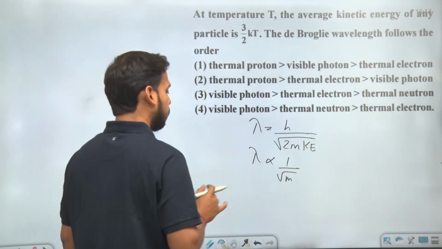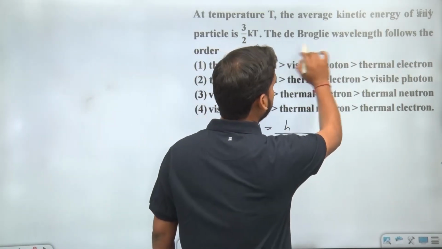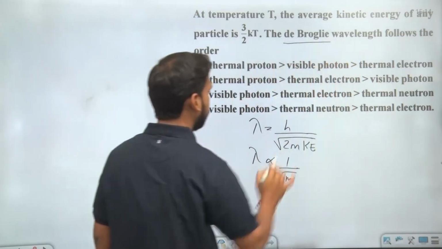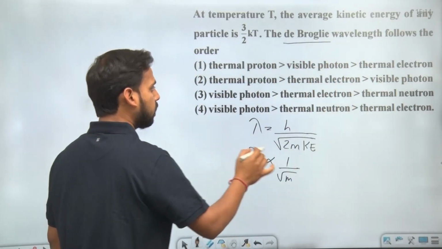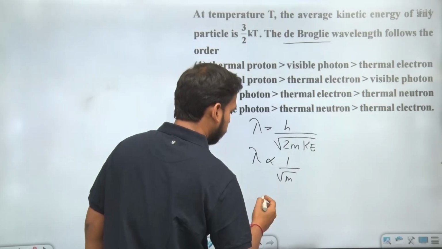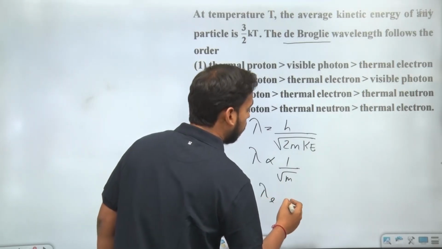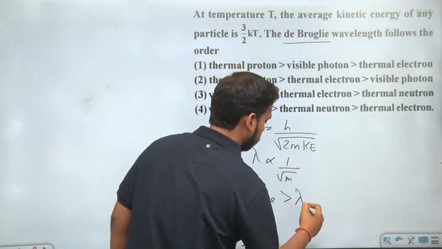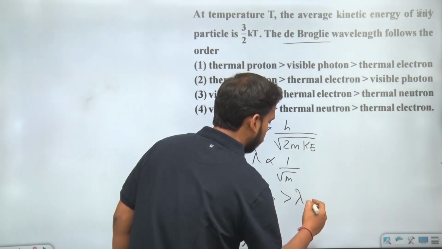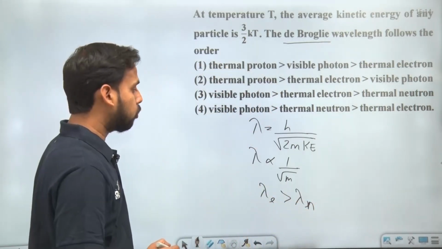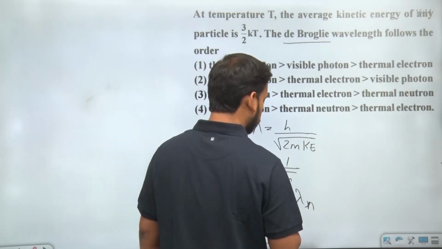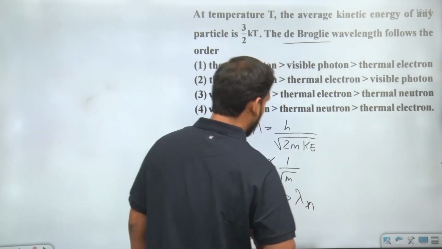So in this question, we have to see the de Broglie wavelength. The de Broglie wavelength is higher for the electron than the neutron, because the mass of the electron is lesser than the mass of the neutron.